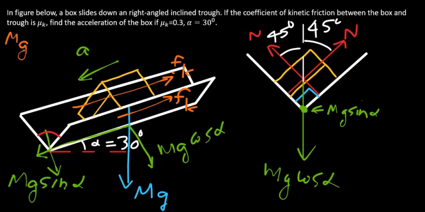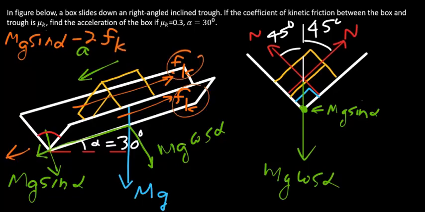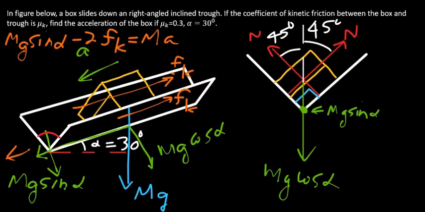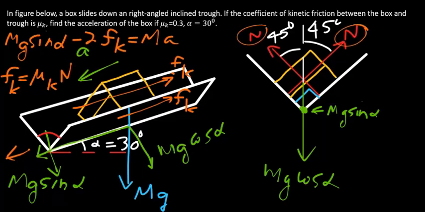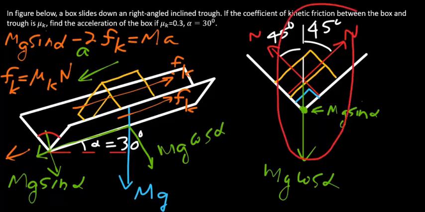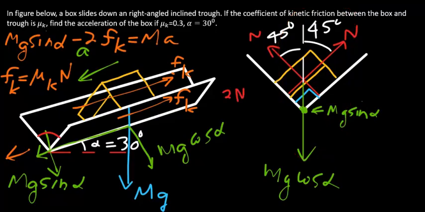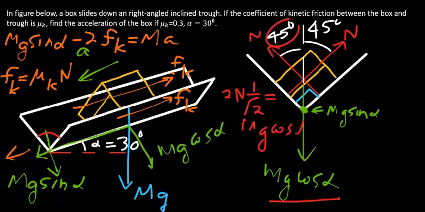The forward or down-the-incline force is mg sine alpha minus 2 times Fk, one Fk here, another Fk there, equals ma, where Fk equals mu k times N. N are those. Now what is N? From this diagram you see by balancing the forces along the vertical direction, you get 2N cosine of 45, which is 1 over square root 2, equals mg cosine alpha.